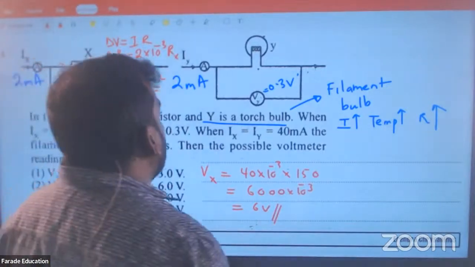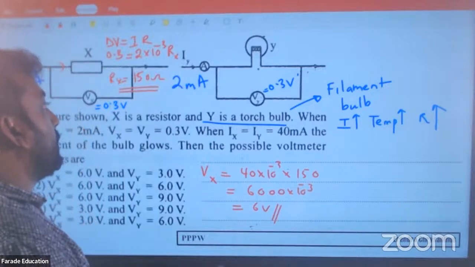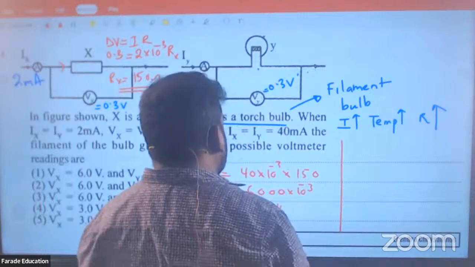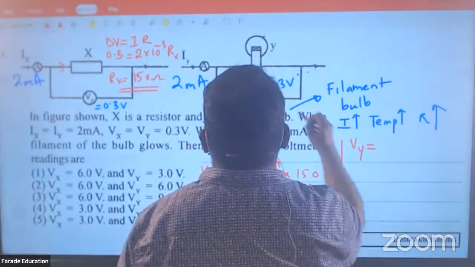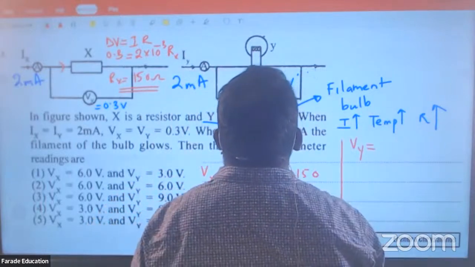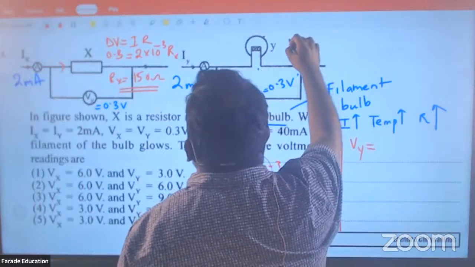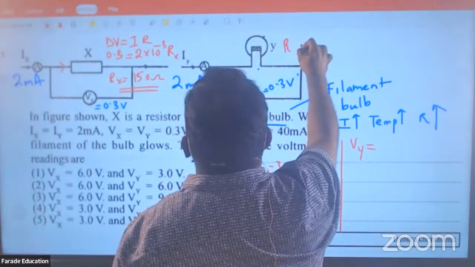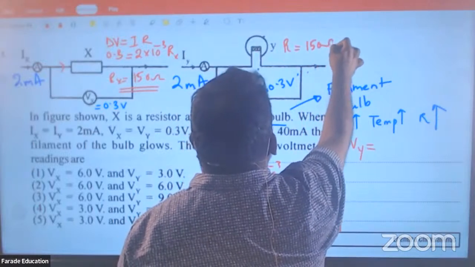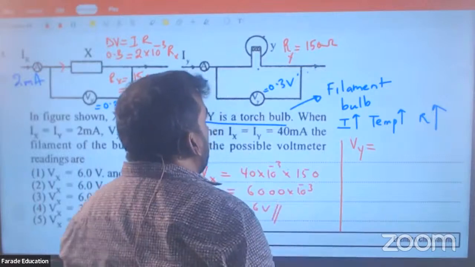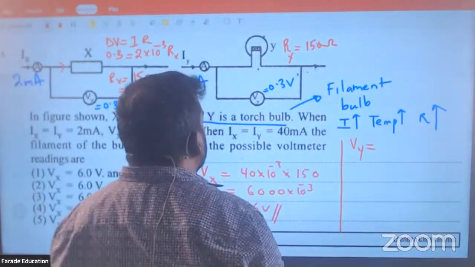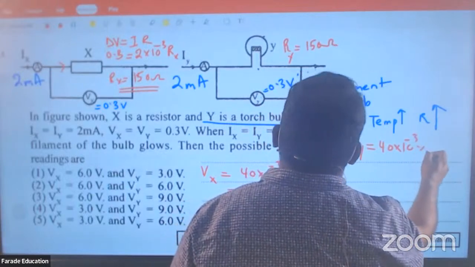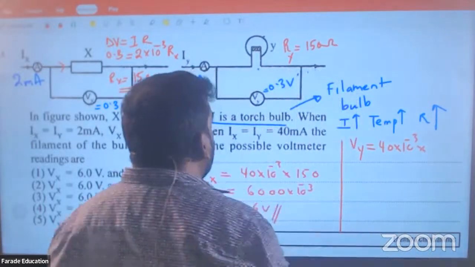What about Vy? Here ideally, look at this. Let's say this current is passing through. So here also same, I think. Everything is same. Here resistance is equal to 150 ohm. Now the resistance will increase. 40 milliampere.